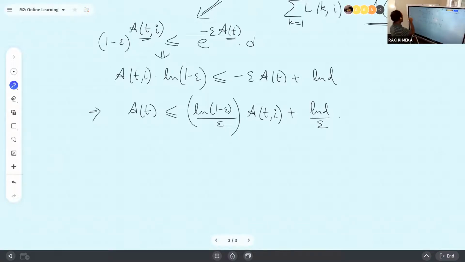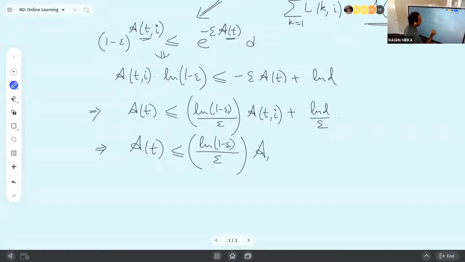We know this is true for every expert I. So in particular, it should be true for the best expert. So this implies that A of T is at most ln of 1 minus epsilon divided by epsilon times the loss of the best expert plus this guy.